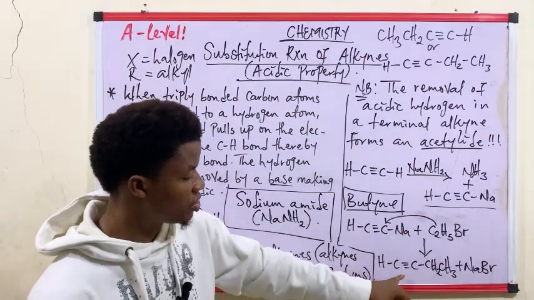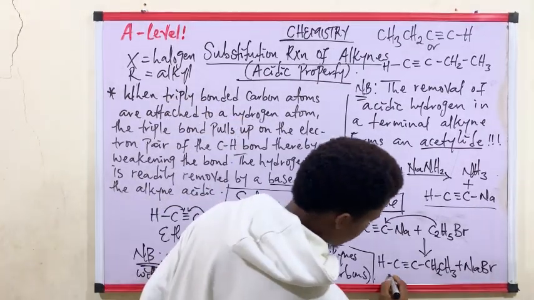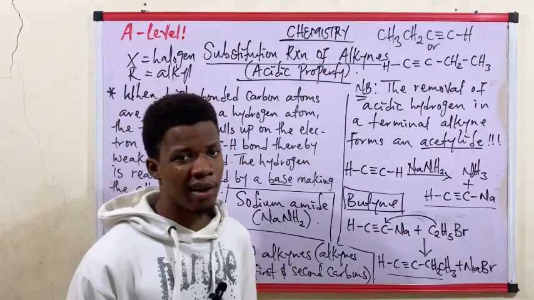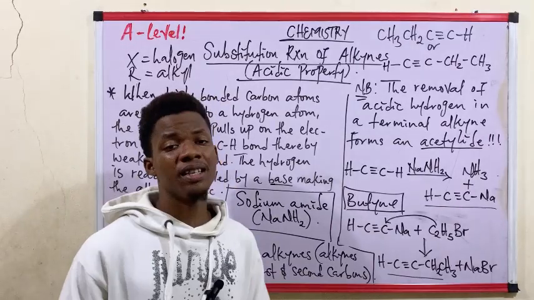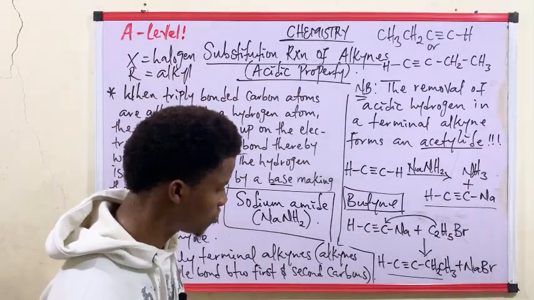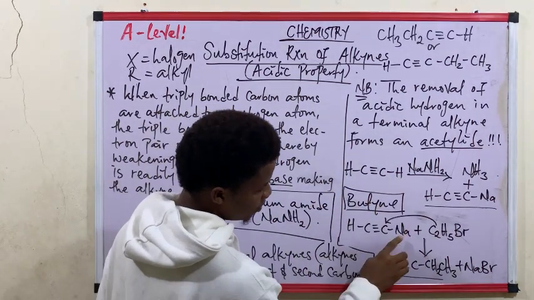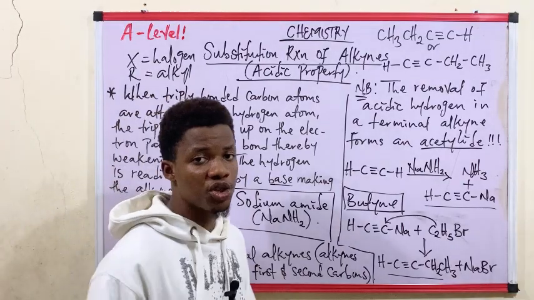Or you can form another acetylide, or any other terminal alkyne you want to use. From this guy, we have removed this hydrogen, replaced it with sodium, and later replaced it with an alkyl group. So this thing we are doing is substitution.